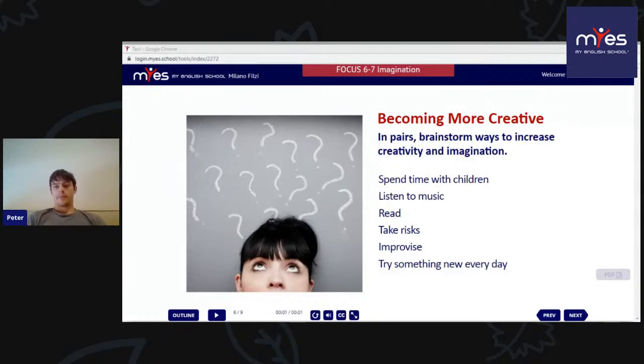Listening to music is another one, it requires a lot of creativity. Reading, taking risks in general. To improvise is to do something spontaneously, so to do something at the moment of thinking is to improvise. And to try something new every day. These are all different ways to try and become more creative.